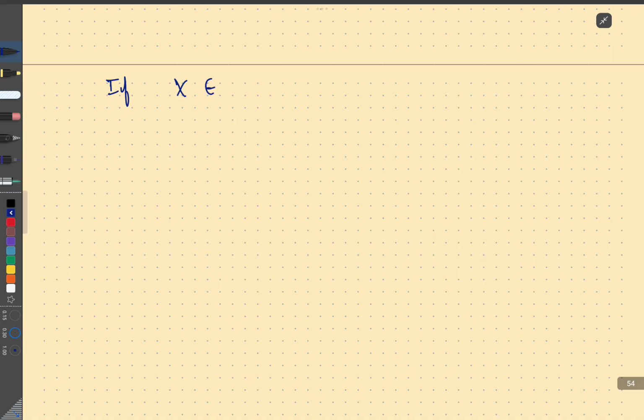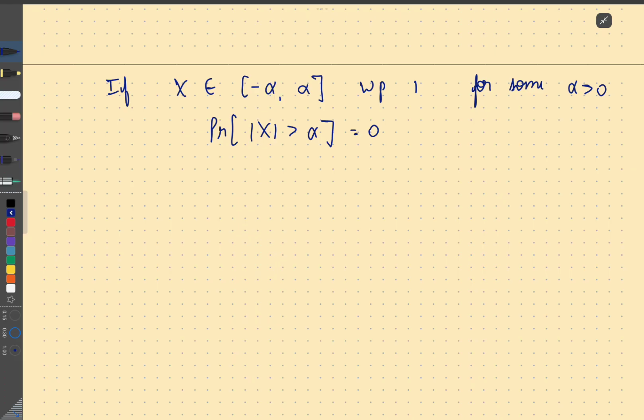So x lies within some, let's say, minus alpha to plus alpha with probability 1, for some positive alpha. So the probability that mod x is greater than alpha is 0.